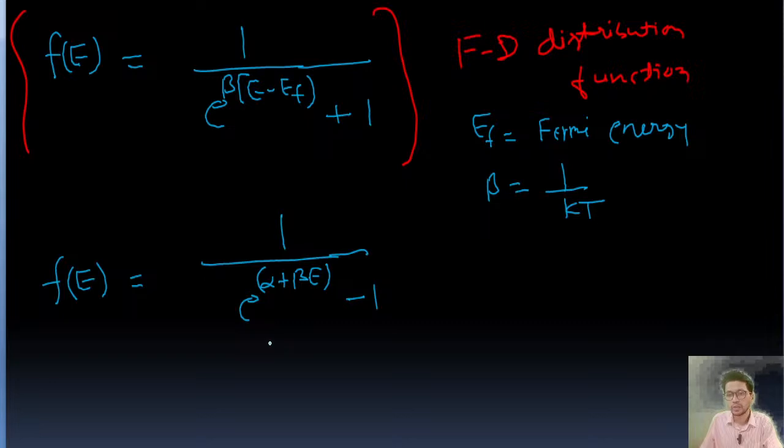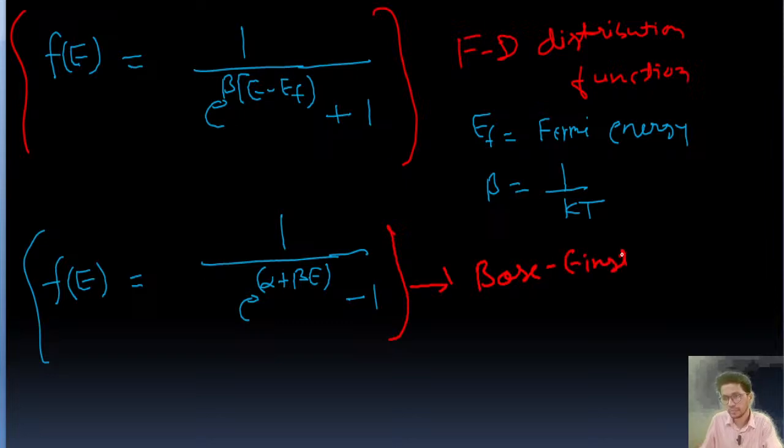Okay, so this is Fe equal to 1 upon e to the power alpha plus beta e minus 1, where e is the energy. So this is the Bose-Einstein distribution function.